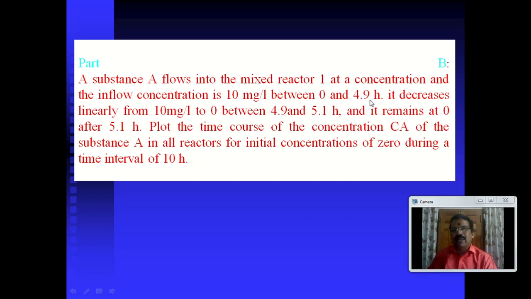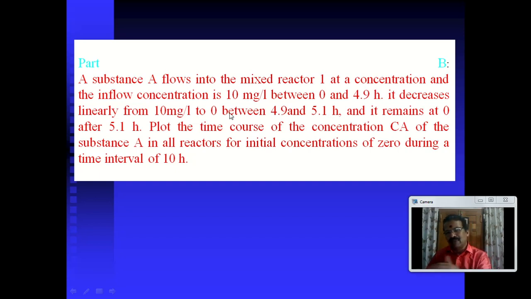After 4.9 hours, we are stopping the flow of the substrate A. That means continuously the concentration of A entering into the tank decreases from 10 milligram per liter to 0 between 4.9 and 5.1 hours, because we are switching off the flow of the substrate A into the tank, so that the concentration profile decreases.